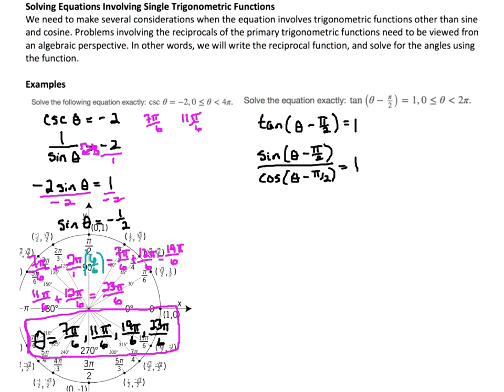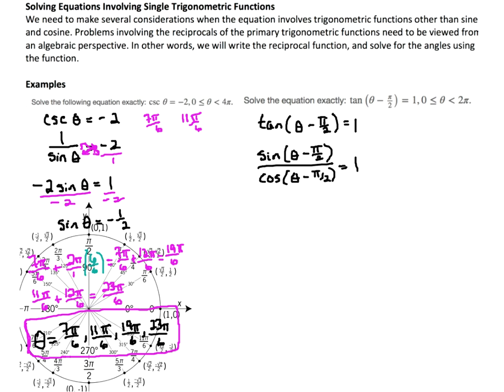All right, so since the cosine is my x-coordinate and the sine is my y-coordinate, I need to figure out when these two things are going to be equal. Because when they're equal and I divide one by the other, it's going to come out to be 1.